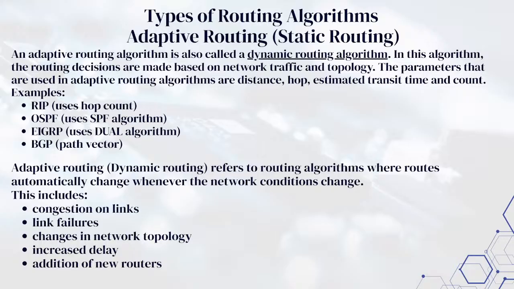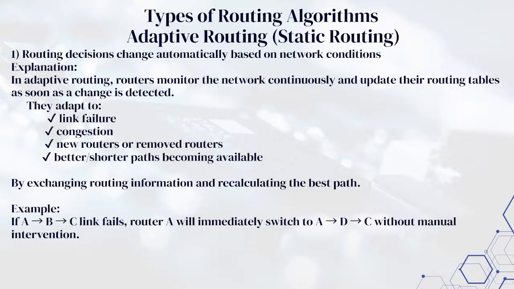Now, the features of adaptive routing: routing decisions change automatically based on the network condition. In adaptive routing, routers monitor the network continuously and update their routing tables as soon as a change is detected.